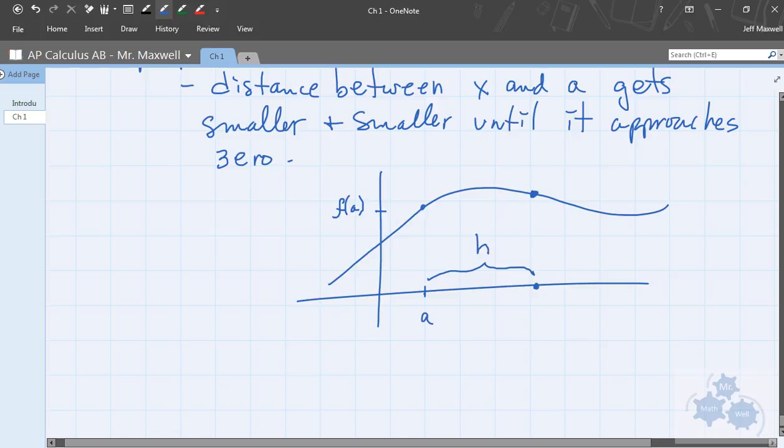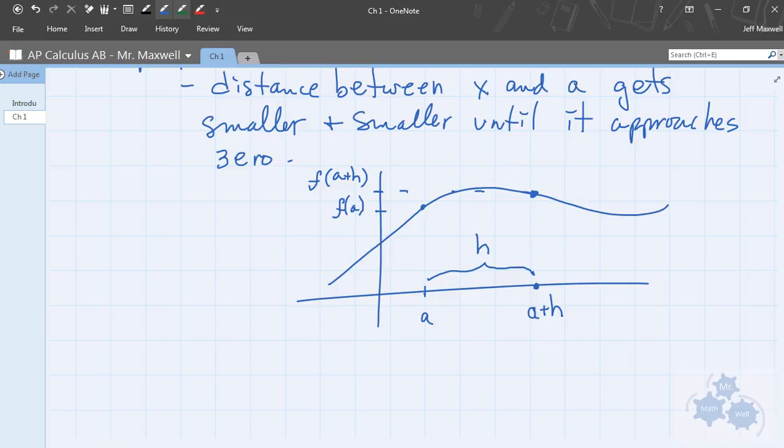Just another random variable here for now that we're going to call the distance between A and the next point. And so we're not going to write x, but we're going to write this point as A plus h. Okay? So A plus a certain distance away from A, that's our next point. Now what does that make this value of the function here? In function notation, this would be f of what? Yes, very good. F of A plus h.